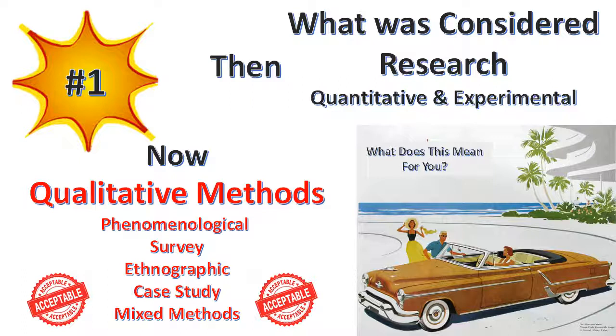But it seems to be industry-wise that there are a lot of institutions that are expecting doctoral students to do mixed methods research. And since that is happening, I think we're going to see more of it as people are being directed and advised in that way.